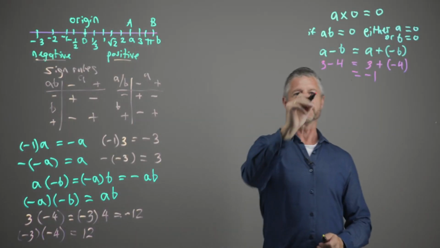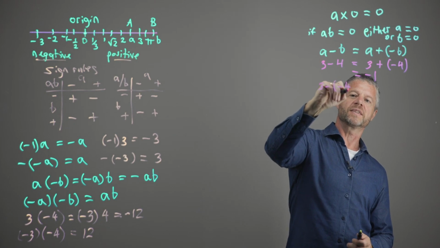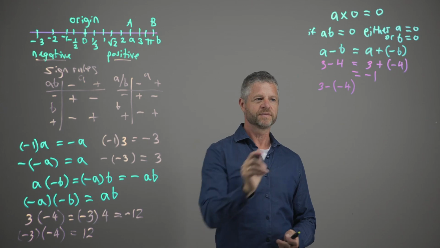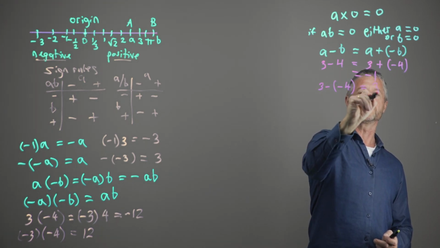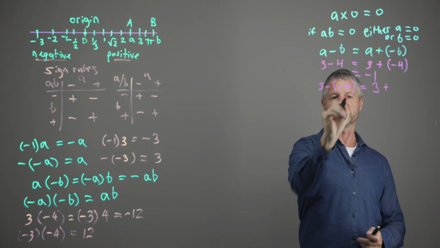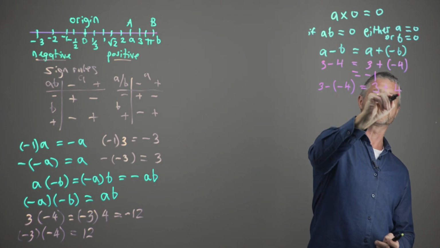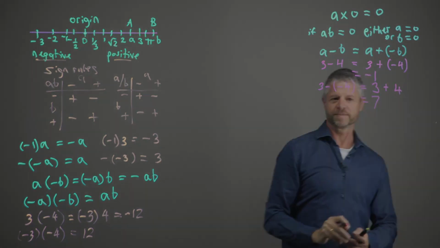Or another quick example, if I want to subtract minus 4 from 3, then one way to do that is to add the negative of minus 4. And the negative of minus 4 is plus 4, so that's going to be the same as adding 3 and 4, and we'll end up with 7.